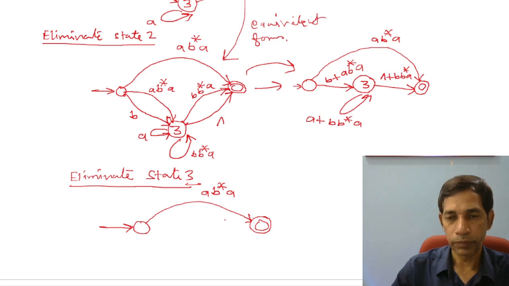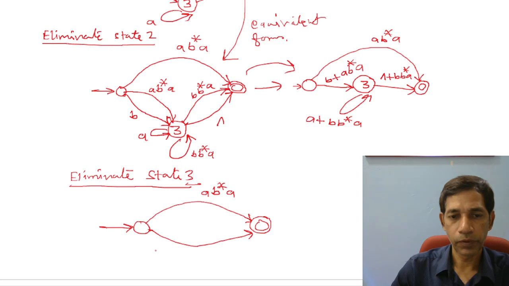Now we need to eliminate state 3, meaning we are going to bypass state 3. So we have a direct edge from the initial state to the final state. What is the label of this edge?